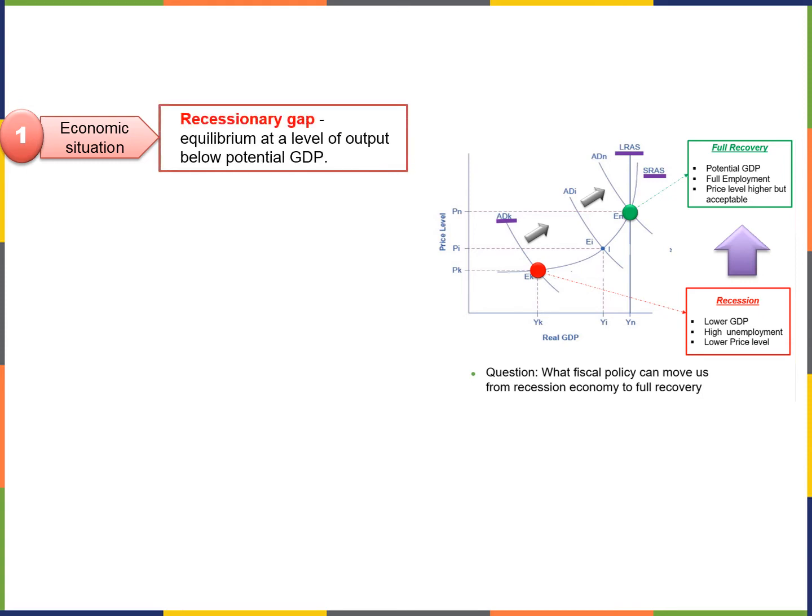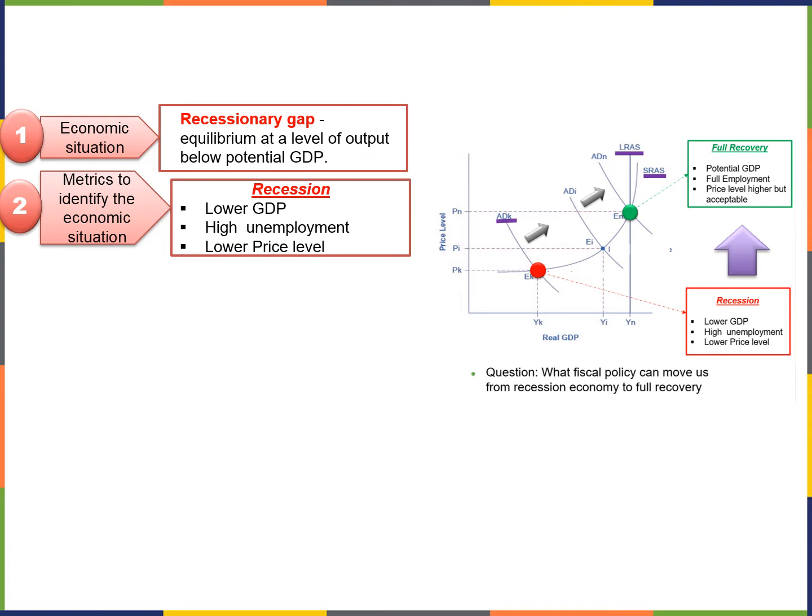It is a recessionary gap, meaning that the equilibrium level is a little bit below potential GDP. The second thing that we have to know is the metrics to identify the economic situation. We are in a recession, therefore GDP is lower, we have high unemployment, and we have a lower price level.